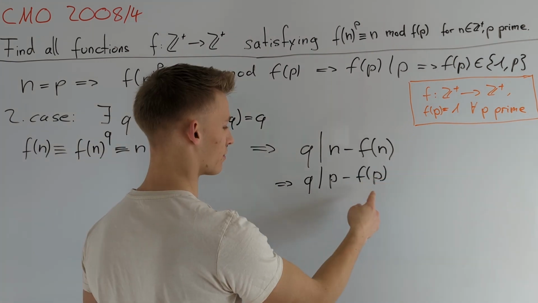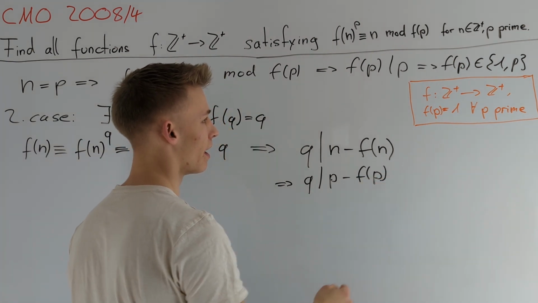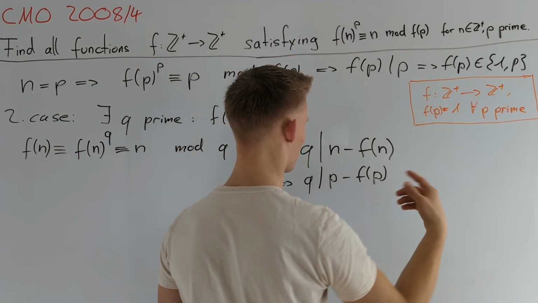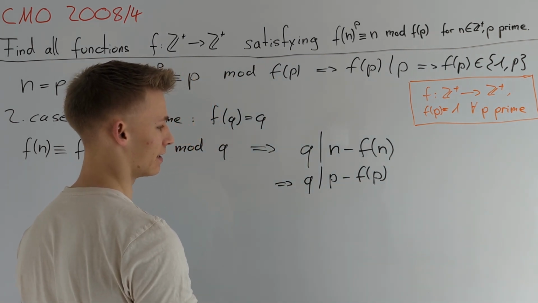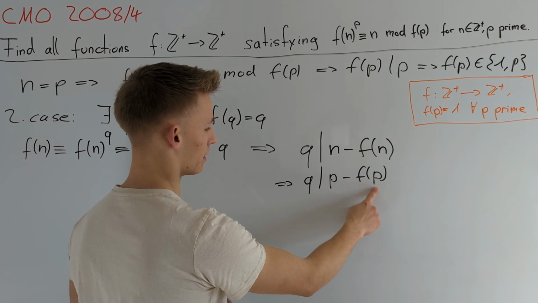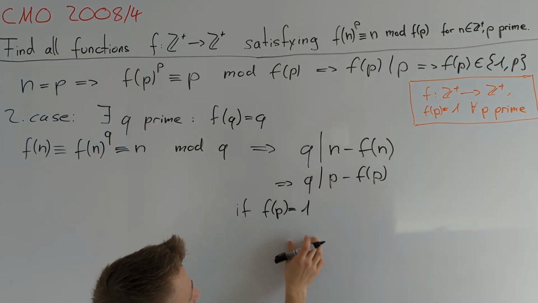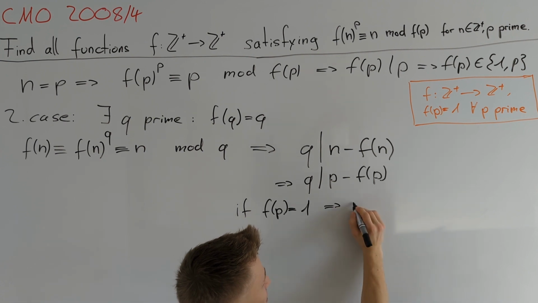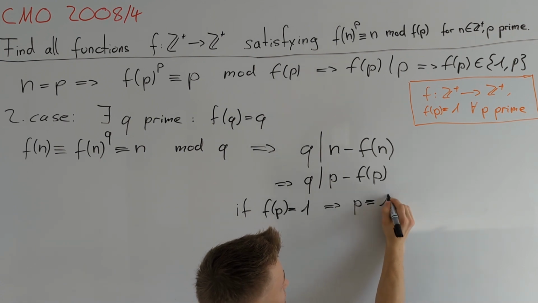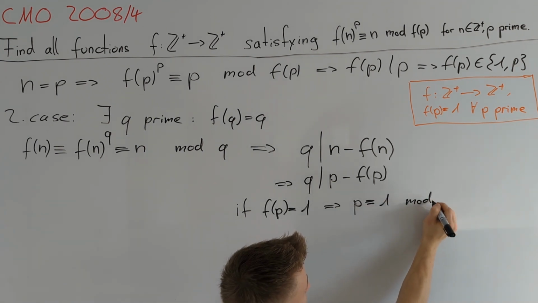This divisibility condition is clearly true if f(p) is equal to p, because then the right hand side is nothing but 0. Therefore, the only interesting case is if f(p) is equal to 1. So let's have a look at this case. Here we can directly conclude that p is congruent to 1 modulo q.